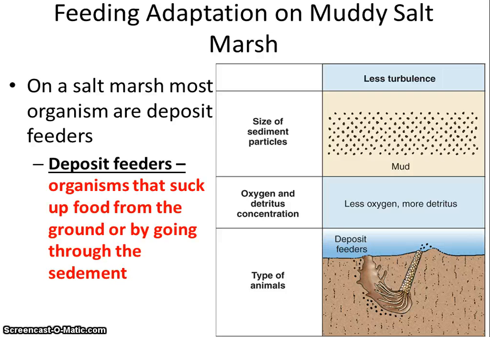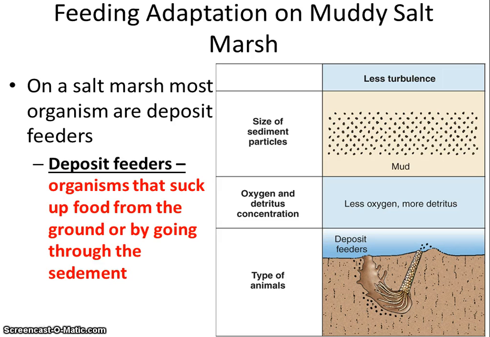Instead, on a muddy salt marsh, you have mostly deposit feeders. These are organisms that literally suck food off the ocean bottom itself, in this case, off the muddy salt marsh itself. Or organisms that go through the sediment and ingest whole mouthfuls of sediment and then just poop out dirt and digest whatever organic matter's in there.